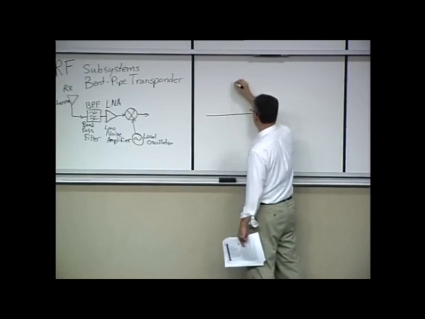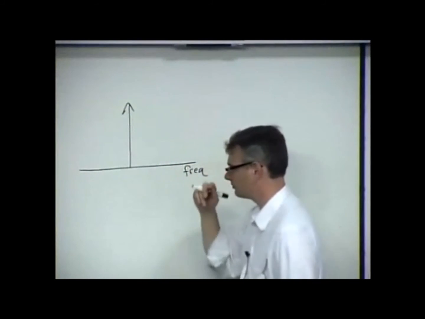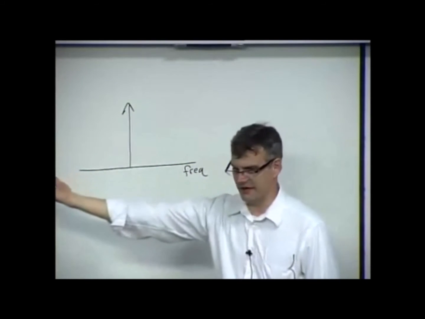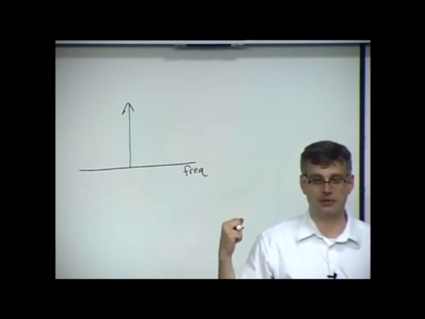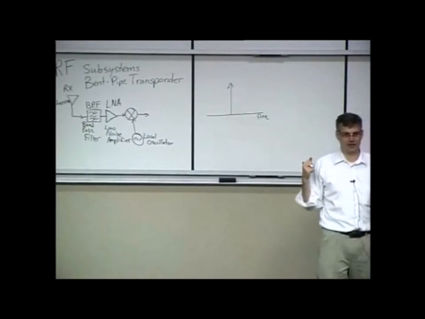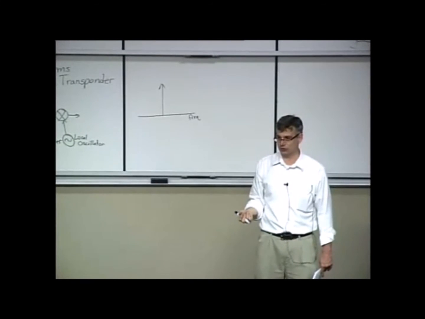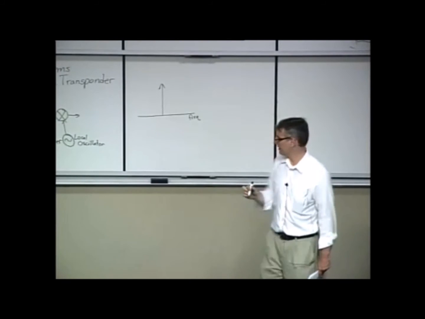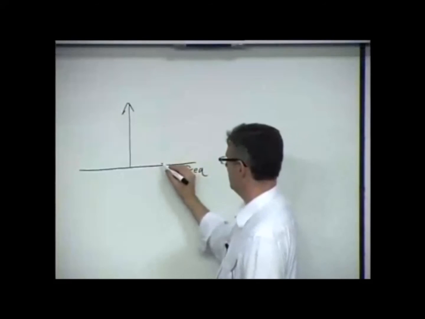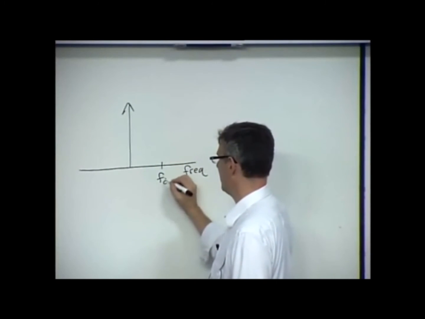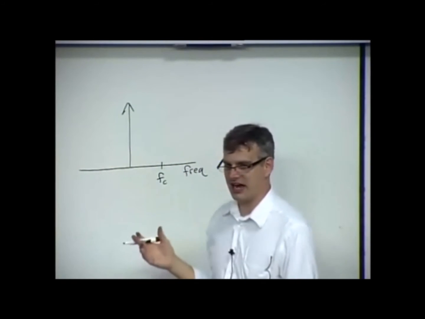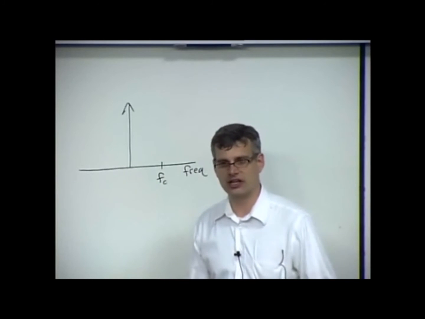If I look at the frequency domain of a signal, I've got a voltage signal as a function of time coming in from that antenna. It is an RF modulated signal usually. It means there's going to be a frequency, which we'll call the carrier frequency, f sub c. And because I'm an academic, we teach Fourier transforms.